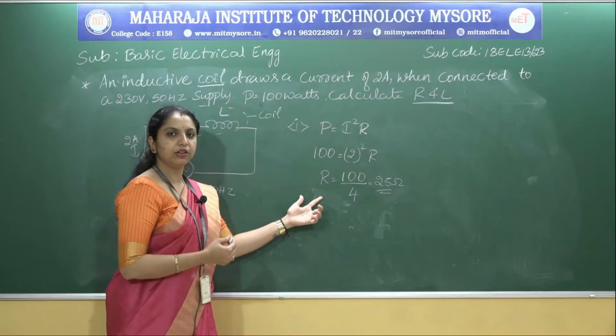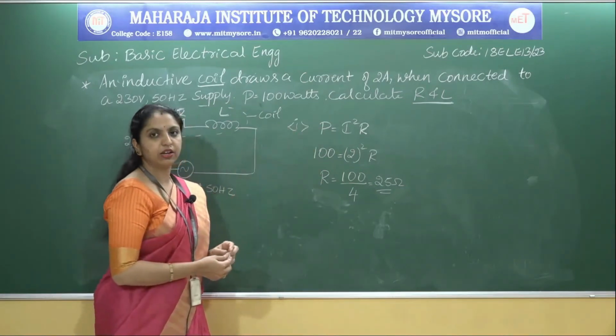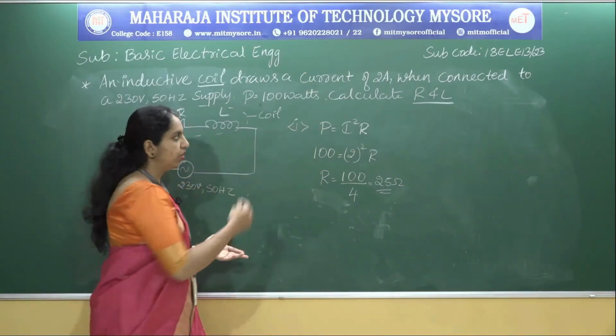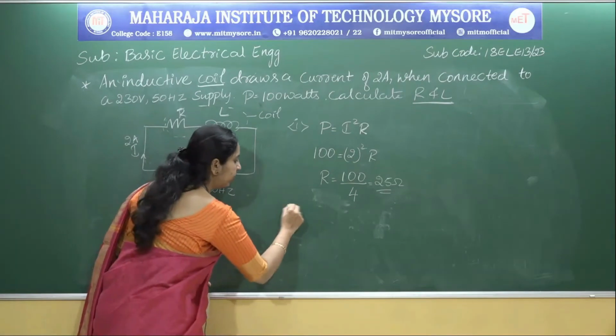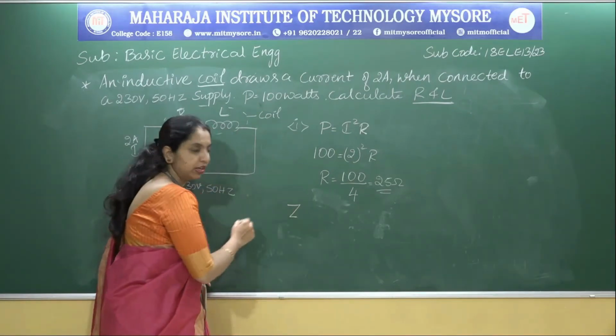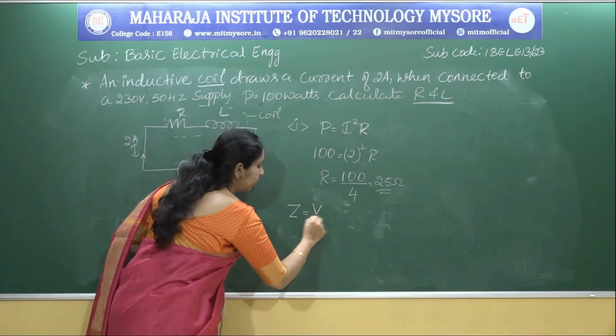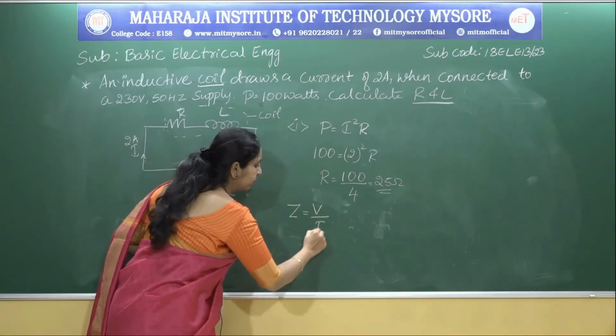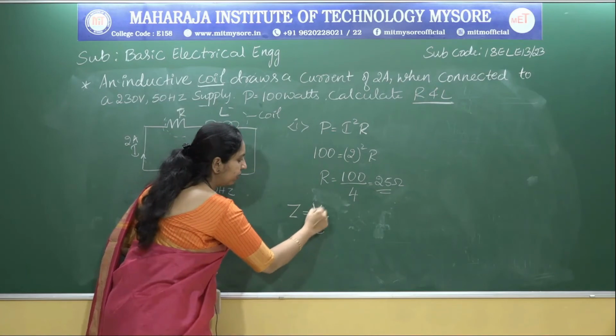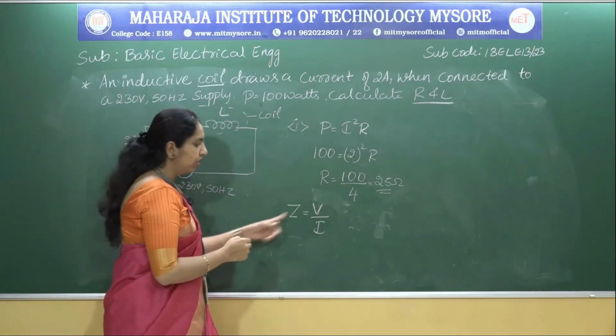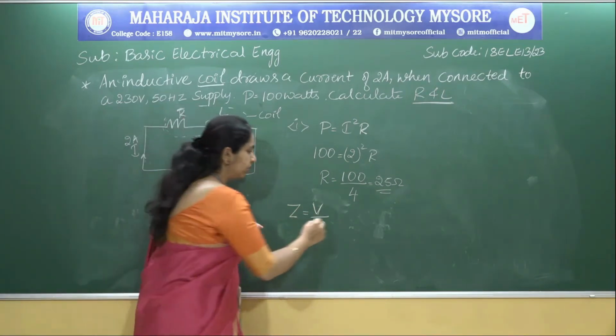Once we calculate the value of resistance, we need to calculate the value of inductance. To calculate the inductance, we need to calculate the value of Z, impedance. Z is equal to V divided by I. Capital V and capital I mean Vrms and Irms.